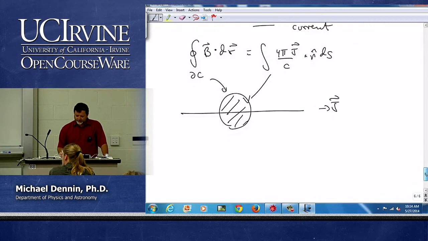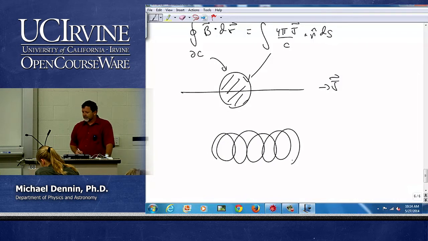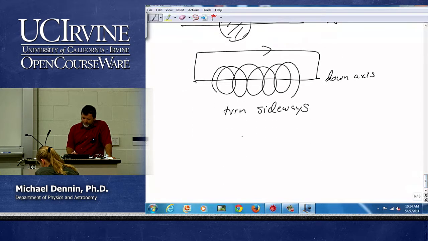Little trickier if I have a coil of current. Now, what direction do I want to draw my surface? Well, typically, we draw it down the axis of the coil, because if I turn this sideways, then what do I see?